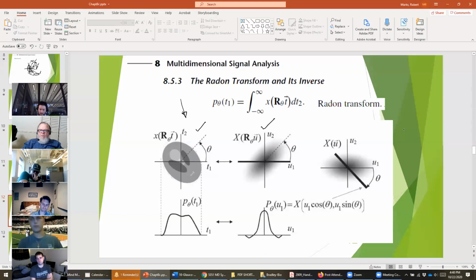And we go to polar coordinates here. If we have a value of U1 and we go out here with a value of theta, isn't the T1 axis equal to U1 times the cosine of theta?